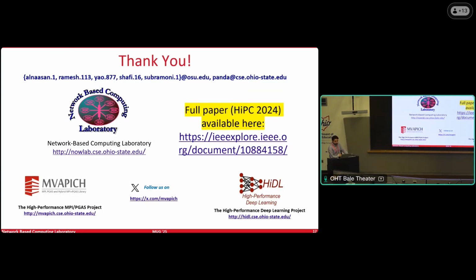We refer to this as the GPU assignment problem, and we map it to the multi-knapsack problem. For future work, we plan to extend this with more scheduling policies. As I mentioned, the policy component is replaceable. It's a modular design, so if you have your own policy, you can bring it in and use it. We also want to try this on different GPU architectures like AMD and Intel.